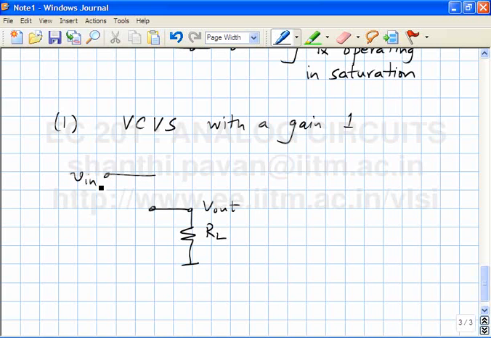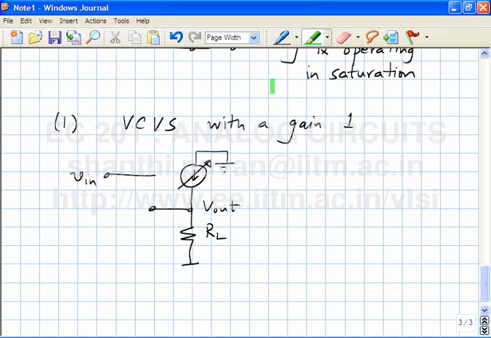If you were in a lab and you wanted to make V out equal to V in and you had a variable current source, what would you do? If V out was smaller than V in, you would pump more current into the load resistor. If V out was larger than V in, you would pump less current.